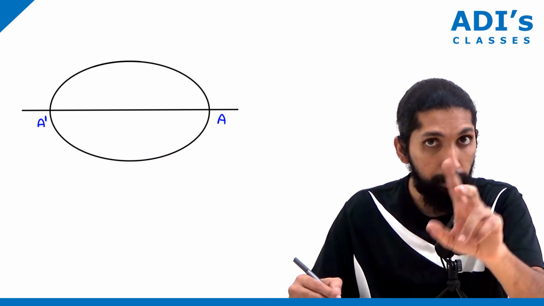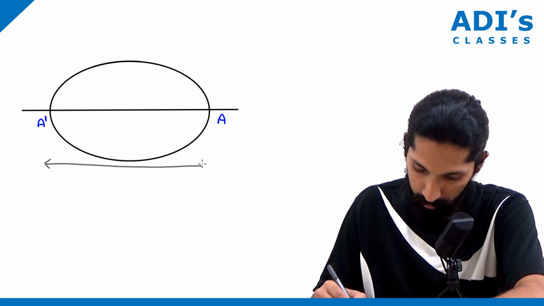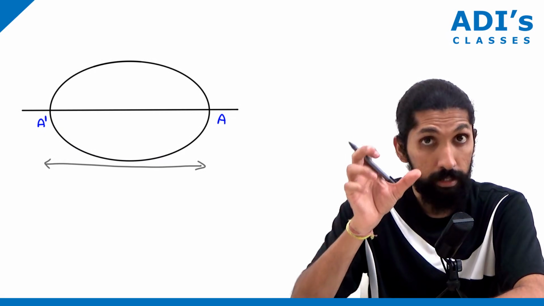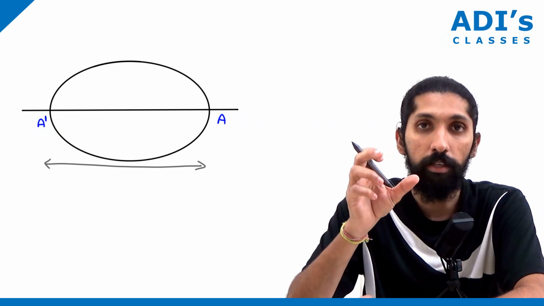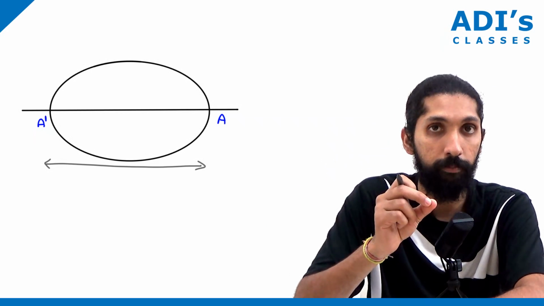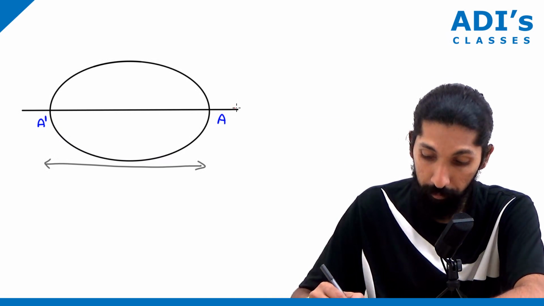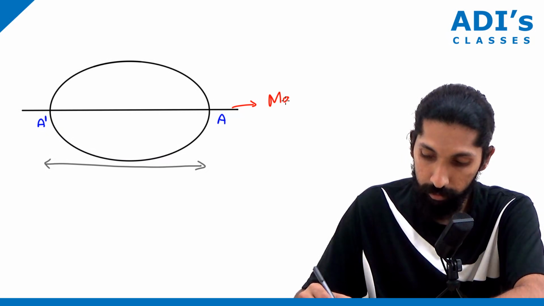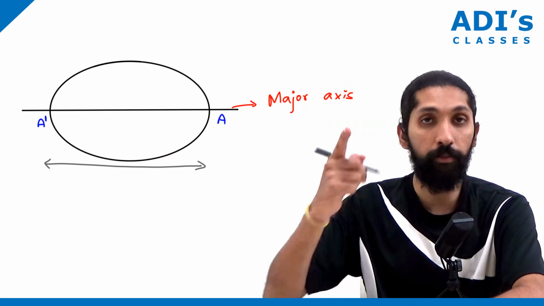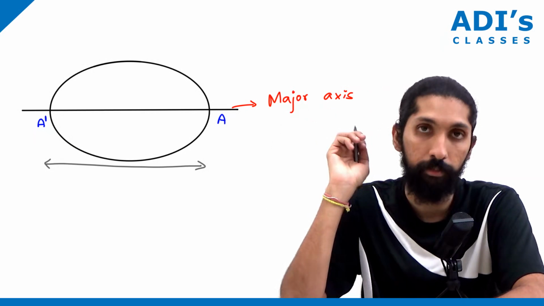We'll call this entire distance the major axis of the ellipse. Why major? Because the area has been divided into two equal parts, and that too, it's the bigger one.